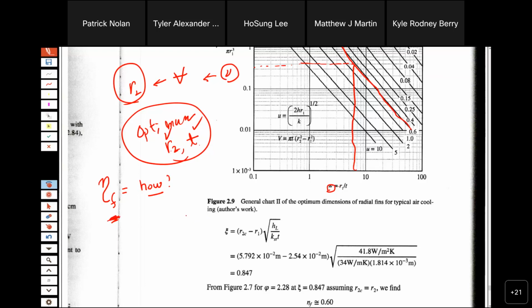Is it figure 2.7? I don't remember the number. Yes, that. Efficiency on one side and R2 minus R1 on the other, phi and xi.